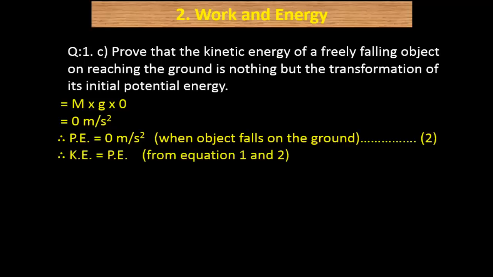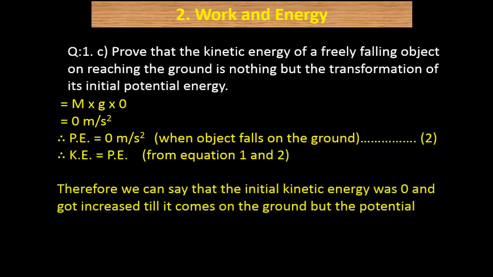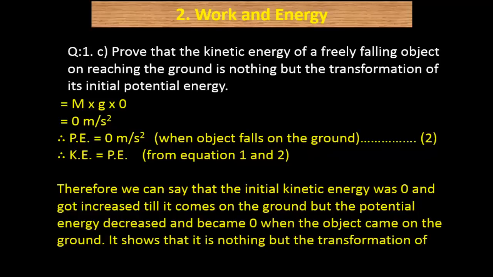Therefore, kinetic energy is equal to potential energy from equation 1 and 2. Energy decreased and became 0 when the object came on the ground. It shows that it is nothing but the transformation of potential energy into kinetic energy.